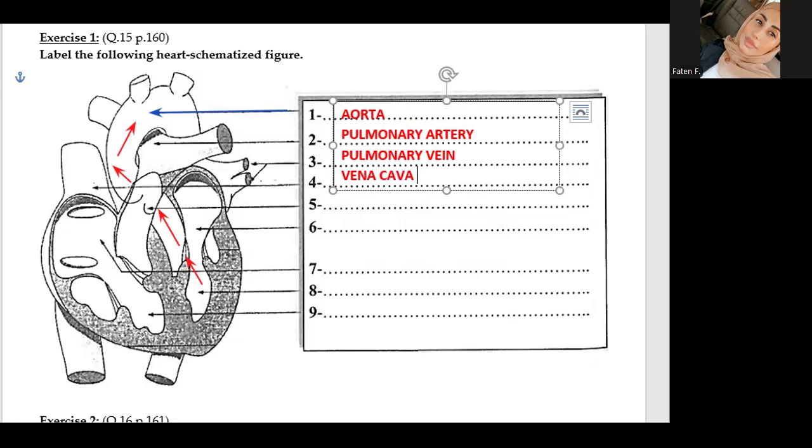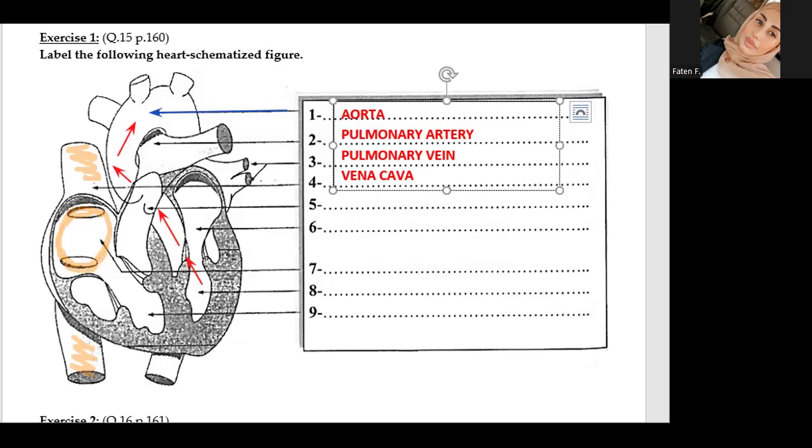If you want to be more precise, this is the superior vena cava. We have two vena cava, the superior vena cava and the inferior vena cava. Both of them are connected to the right auricle.